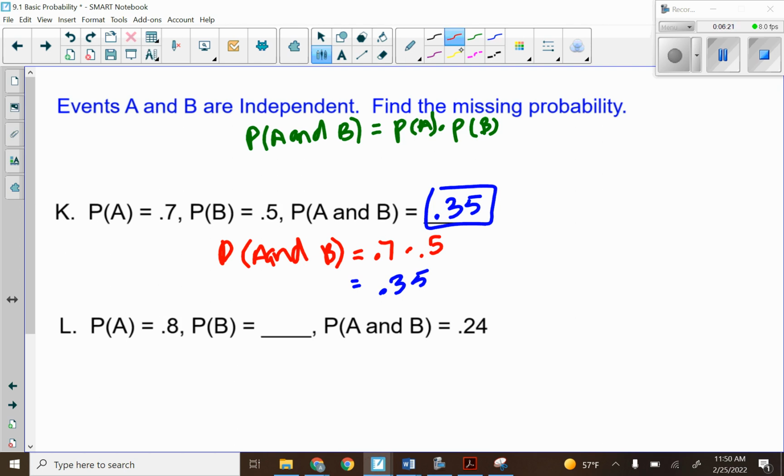Now here, we almost have to work backwards. We know P of A and B is 0.24, and that should equal 0.8 times P of B. So since I want to find what P of B is, I'm going to divide by 0.8, and we should get 0.3.